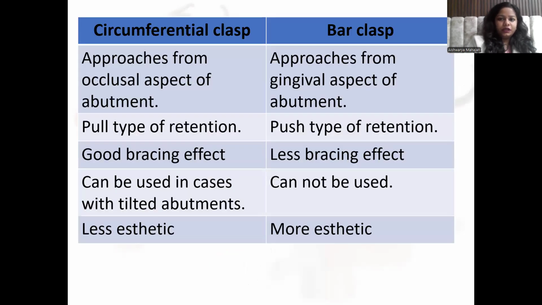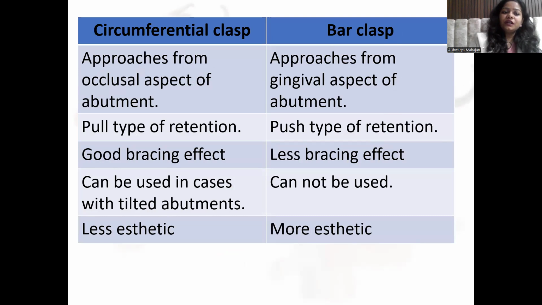Now, in a nutshell, with the help of this table, I'll summarize all the types of clasps. First, the circumferential clasp approaches from the occlusal aspect of the abutment, whereas the bar type of clasp approaches from the gingival aspect of the abutment.